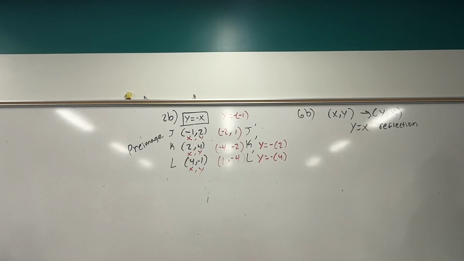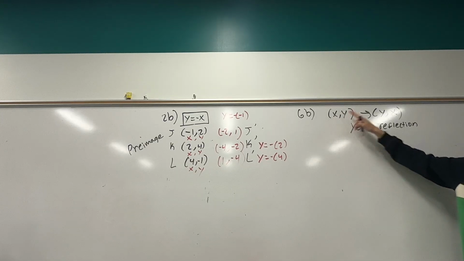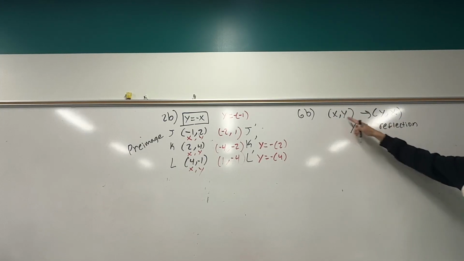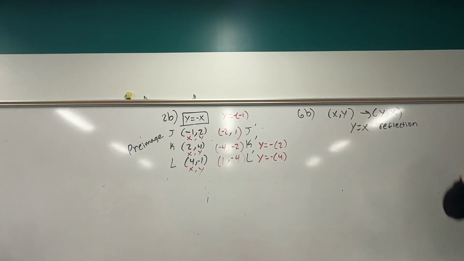What's the difference, guys, for (x, y) and (y, x)? Are any signs changing? Positive, negative? No. The only thing that changes is location, right? So x is now my y, and y is now my x. It's just flipped, right? So if it was 2, 4, it would be 4, 2.